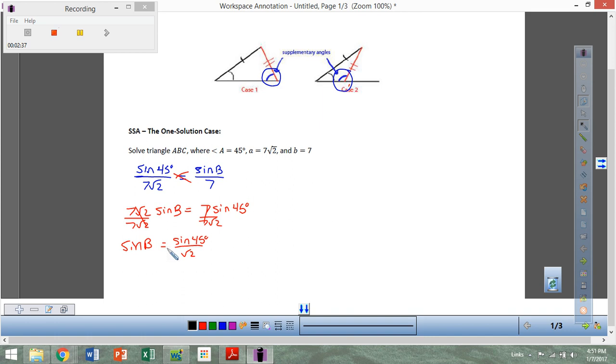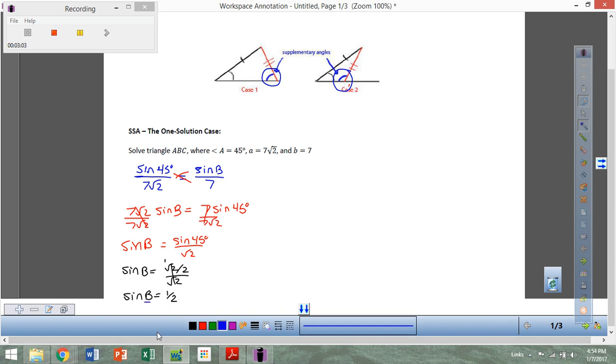You don't have to worry about this. You can use a calculator if you want to, but this is a nice angle, sine of 45. I should know that the sine of 45 is the square root of 2 over 2. And then if I have that divided by the square root of 2, these are essentially going to cancel, giving me a 1 on top. So the sine of B should be 1/2.